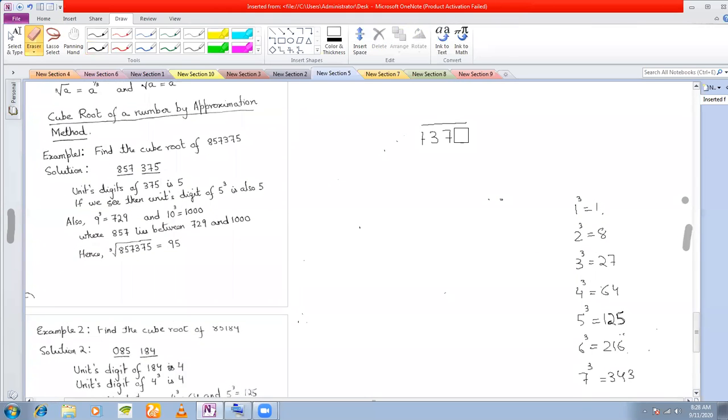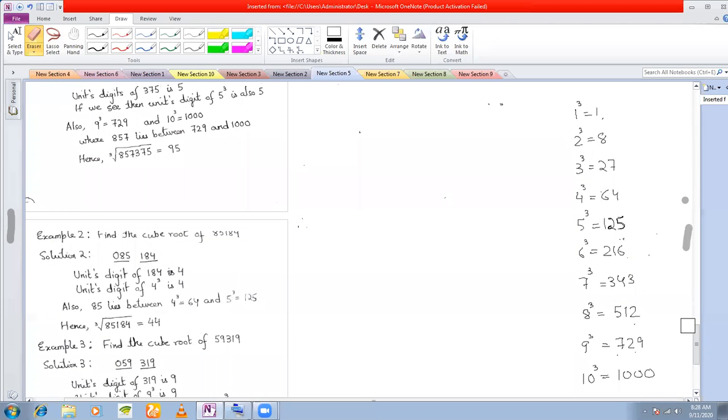Fine. This time, let us choose this number, 85184. Cube root of 85184. Okay.